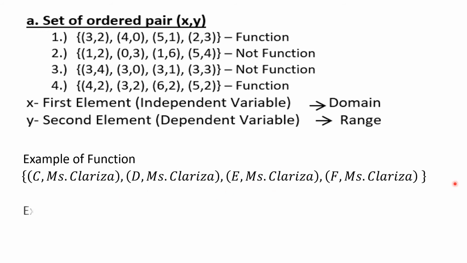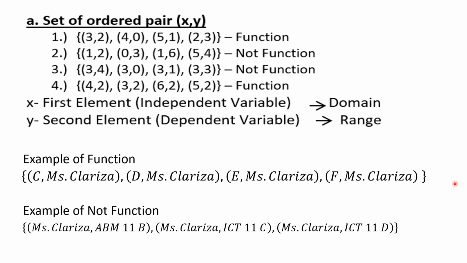Okay, next we have another example of not a function. The teacher in Gen Math and the strand in the section I am teaching. So Miss Larissa and the strand she is teaching is ABM 11B, then me and ICT 11C, and me and ICT 11D.